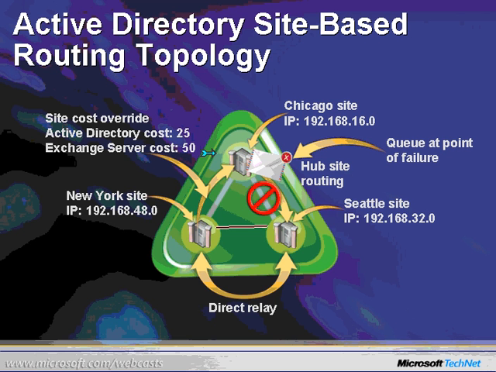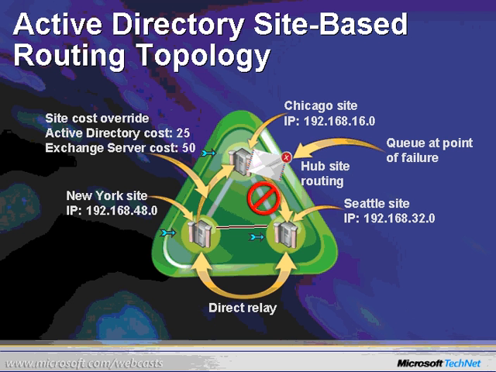But let's say I have a hub transport in New York, in Chicago, and in Seattle, and I don't configure the Chicago hub transport as a hub site.